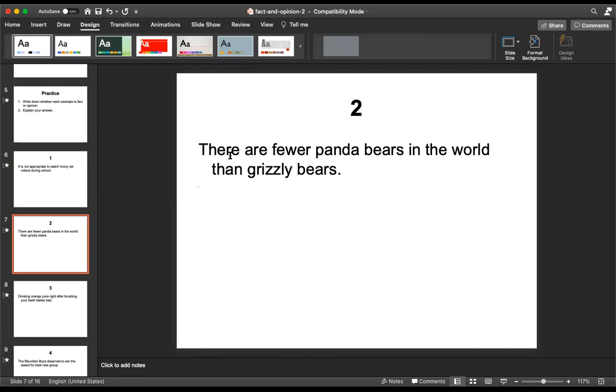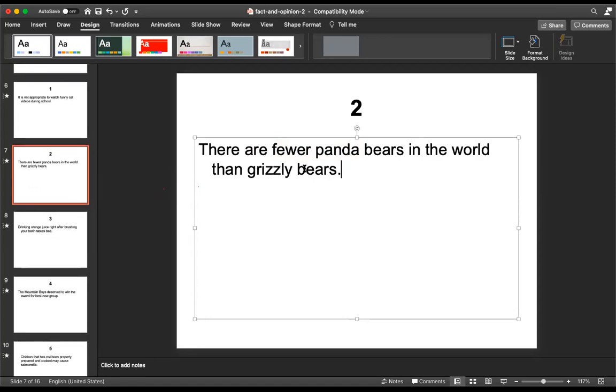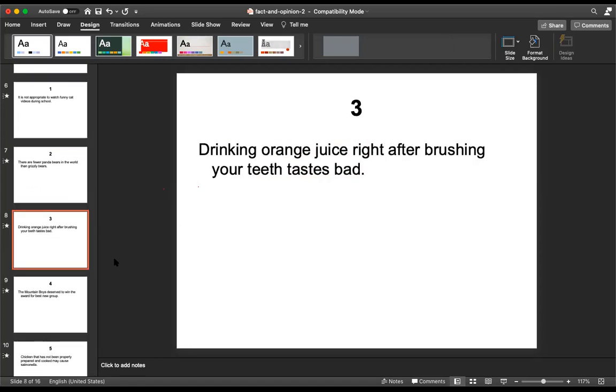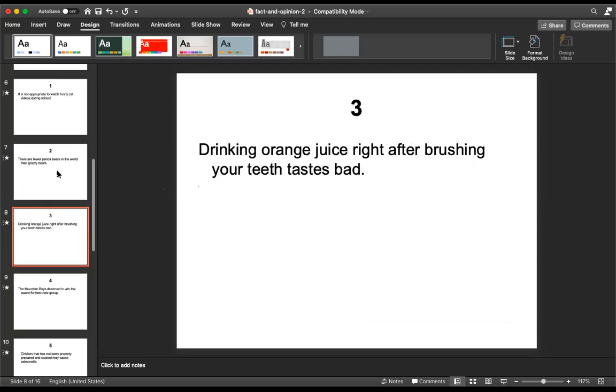And whether this is a true statement or a false statement, it still is factual because you can go and back that up. I don't know if there are more or fewer panda bears than grizzly bears, but that statement is a factual statement.